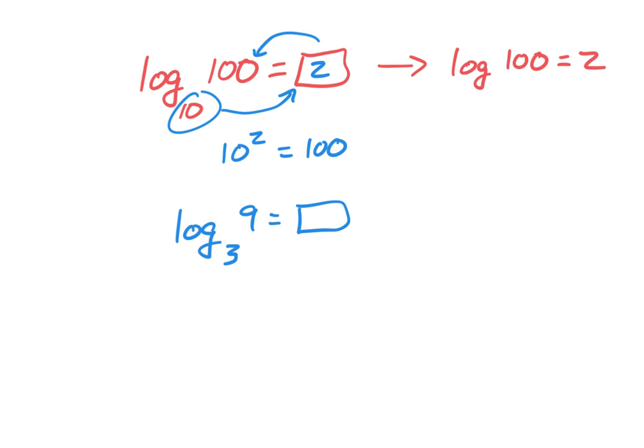We're going to rewrite this, and we're going to say 3 to some power is equal to 9. So when I rewrite this, I could say 3 to what power gives me 9. And that would also be 2. So 2 is what goes here because my exponent is 2.